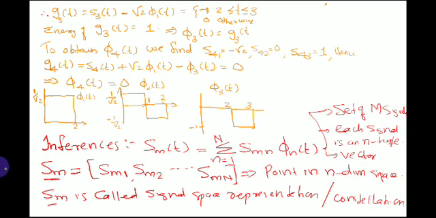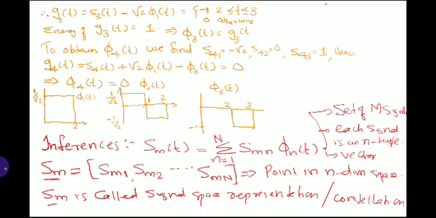So that is why we got 3 signals, and these 3 basis functions are enough to represent all the 4 signals S1 of t to S4 of t. So all the 4 can be represented as the linear combination of phi 1 of t to phi 3 of t.